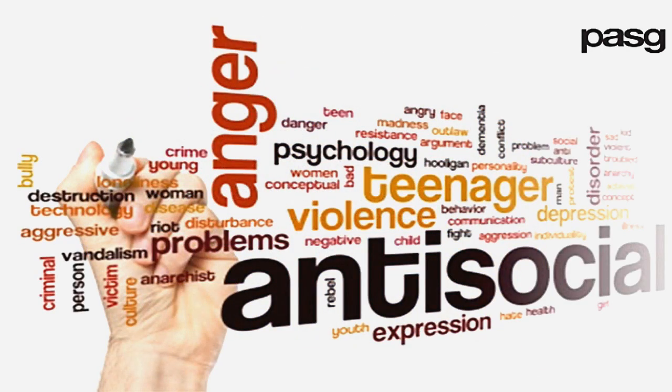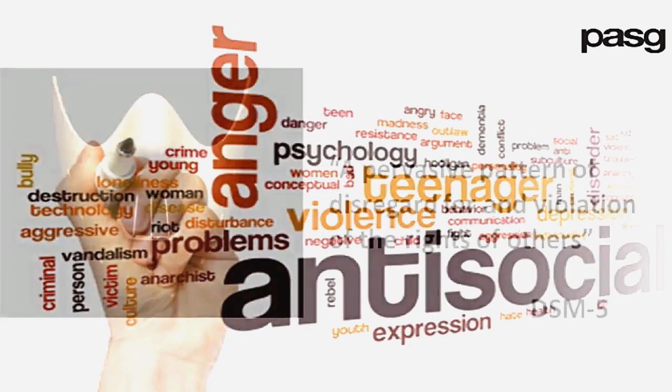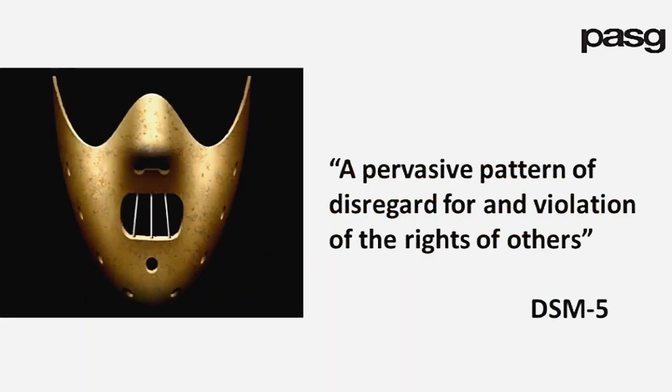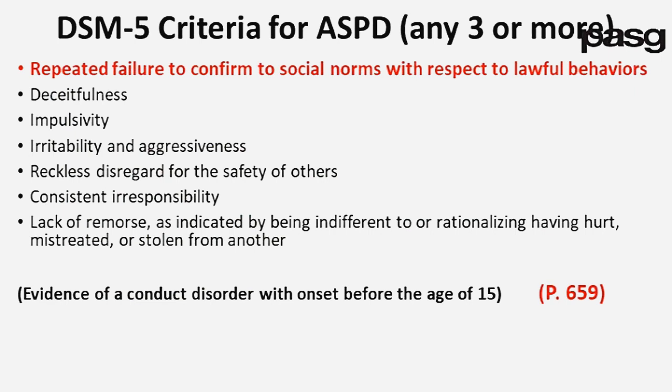The last one is antisocial personality disorder. Total disrespect for the rights of others and willing to break the law. The one that also scares me the most in this category is the repeated failure to conform to social norms, respect for lawful behaviors.